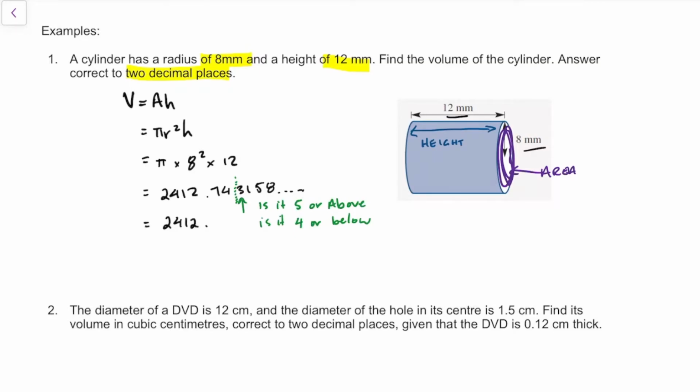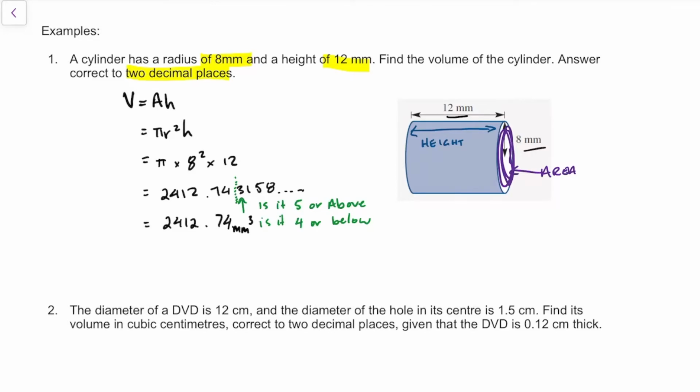And if it's 5 or above, it changes by going up 1. Now we can see here it's a 3. 3 is 4 or below, so we can just leave that as 7, 4. Now we need to put in our cubic units. We have millimeters here, so it is millimeters cubed. And that's that first problem done.